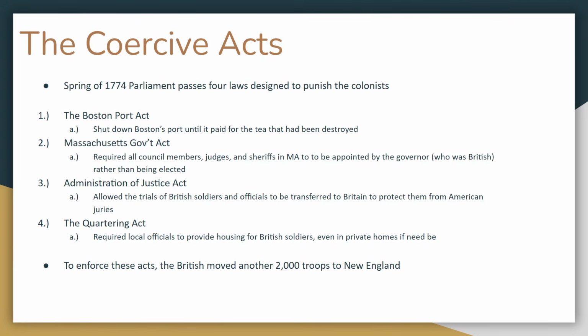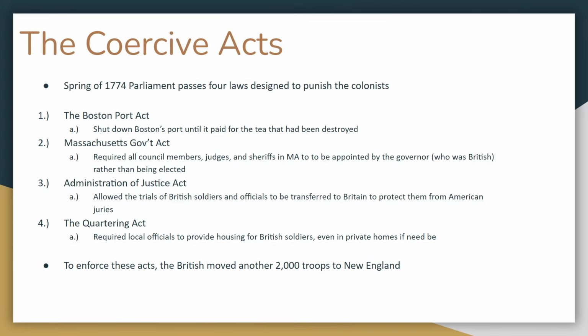So everybody was going to get extradited back to the UK for trial. And the Quartering Act, keep this in mind as we come back to the end of the American Revolution. Local officials had to provide housing for all these soldiers. And this is still a time where there's not an excess of buildings, so private homes were very often used to house soldiers.